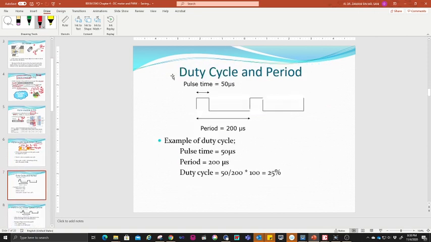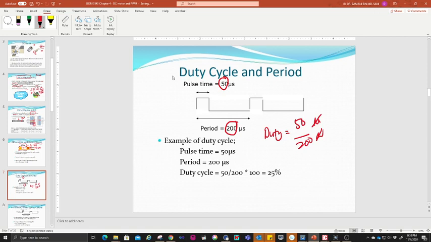Example here. What are the duty cycle and the period? You go back to the definition from the previous slide. This is the example for a period given as 200 microseconds and the pulse time is 50 microseconds. It's very simple. Duty cycle is equivalent to this one divided by the whole period, and the micro you can take out.